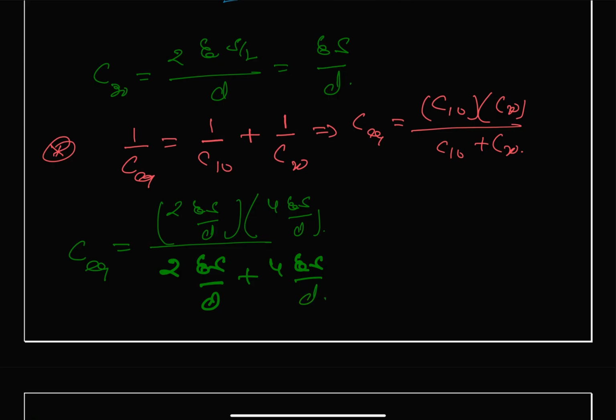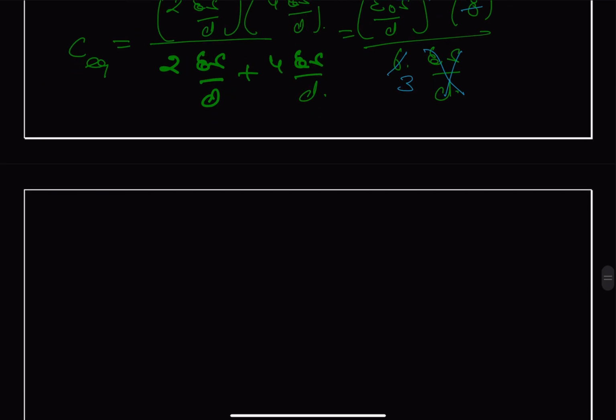And we can take epsilon naught S by D as common. So one of this will be coming as epsilon naught S by D whole square, and this is our 8 divided by, this comes as 6, and we have epsilon naught S by D. Square goes by this entire term, and we are left with 8 by 6. 8 by 6 we can say this goes by 3 and this goes by 4.